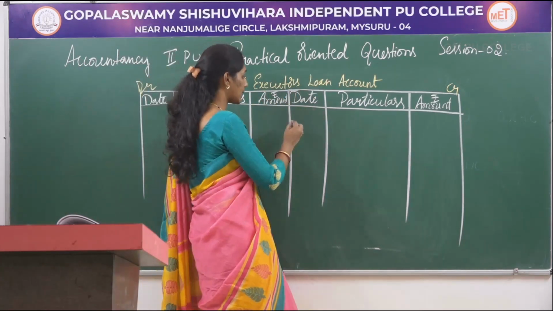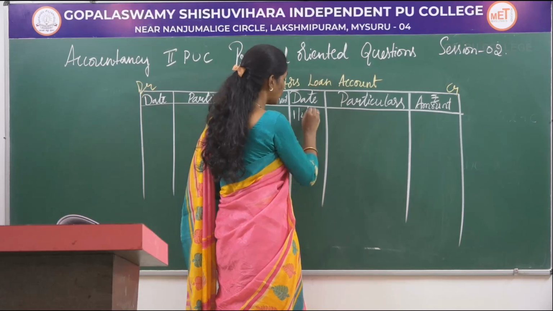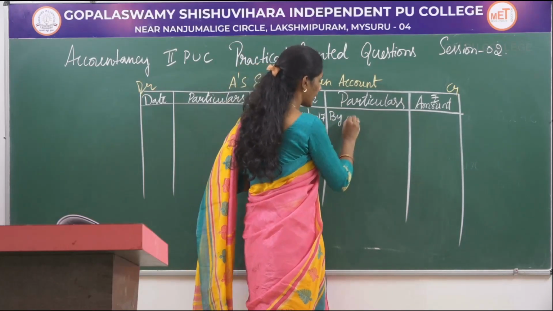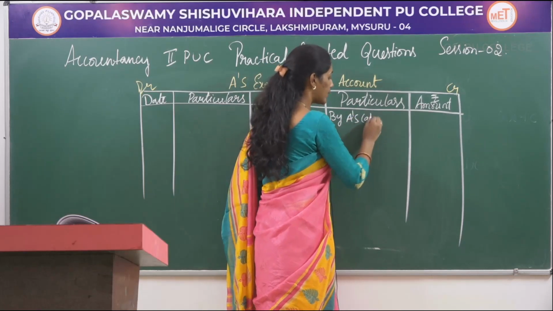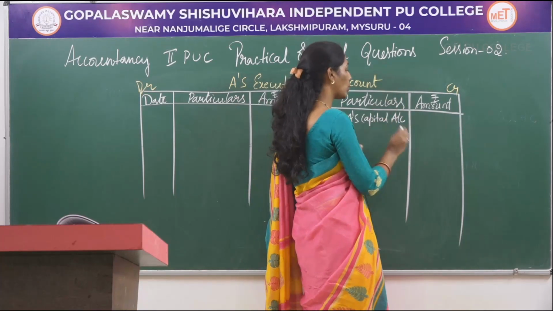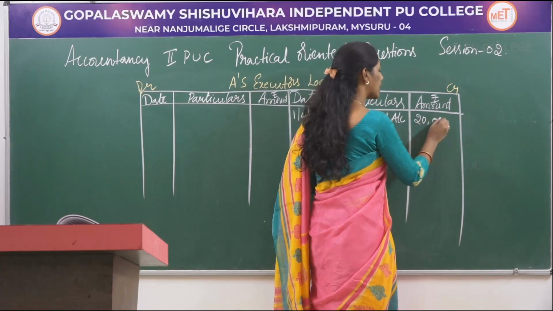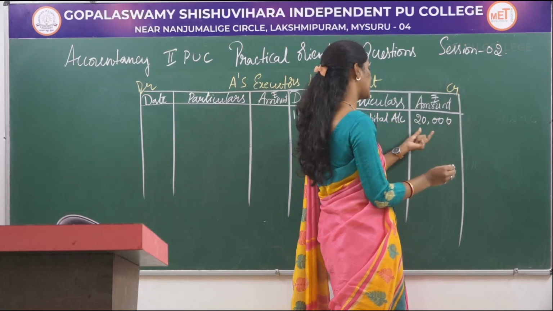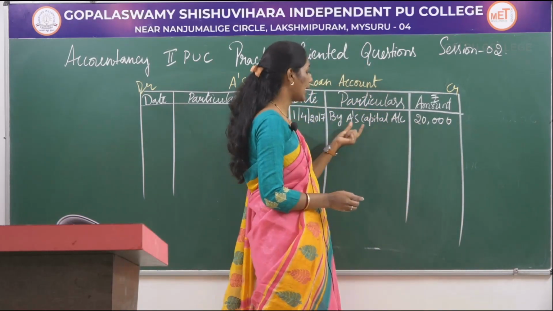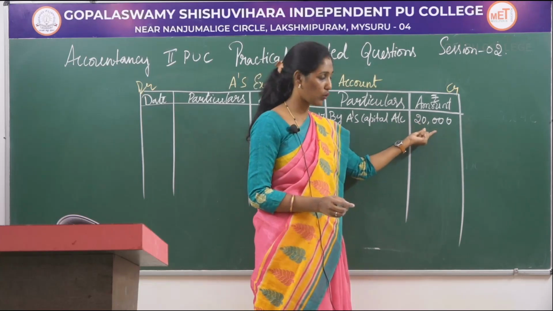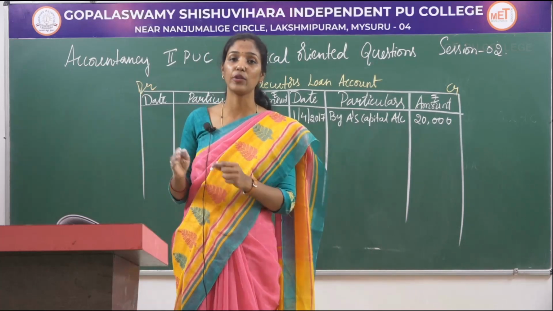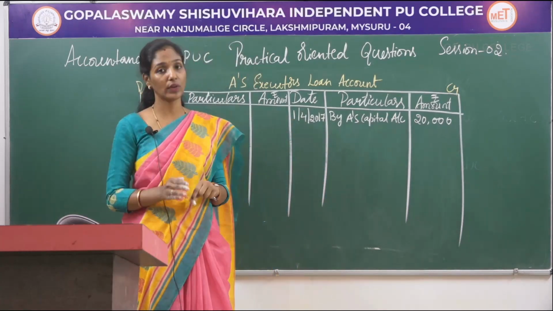First, on the credit side, record on 1/4/2017 by A's capital account. So this is the total loan amount. Take any amount. Here I am taking 20,000. This is the total loan amount of A, by A's capital account 20,000, and this 20,000 must be paid in 2 equal annual installments along with interest.